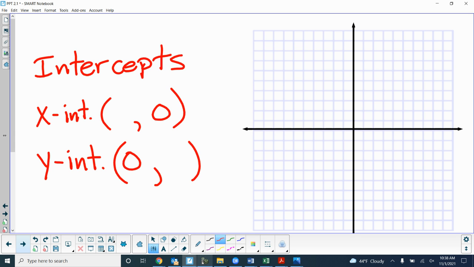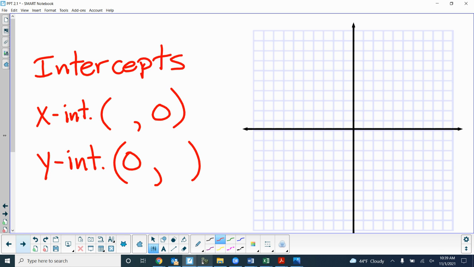So if you're looking for an x-intercept, just plug 0 into the equation. If you're looking for the y-intercept, you're looking for points on the y-axis. Every point on the y-axis, what's the x value? 0. So when you're looking for a y-intercept, plug 0 in for x. When you're looking for an x-intercept, plug 0 in for y. And you can find them.